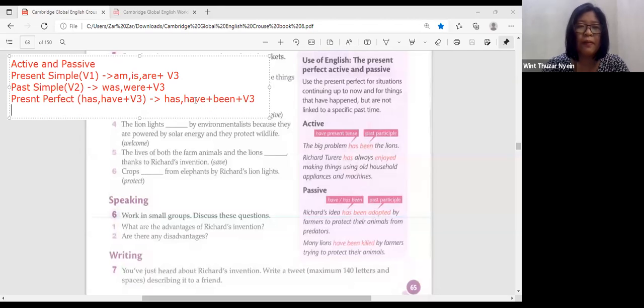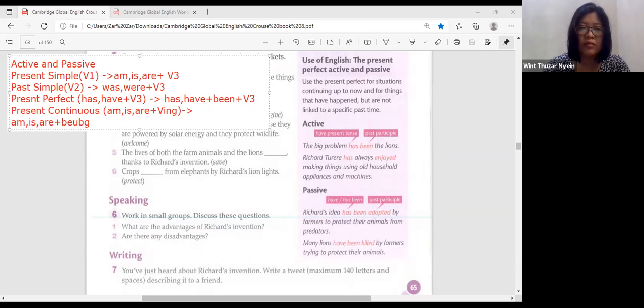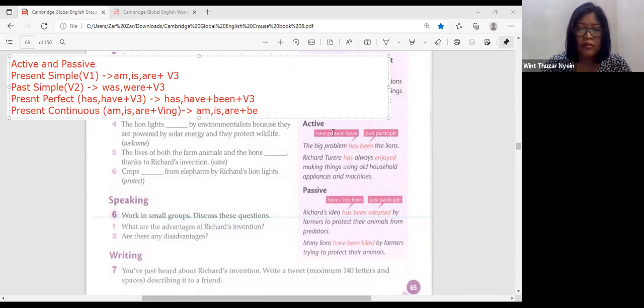If we see present continuous, which is am, is, are, plus verb ing, we have to change the passive form into am, is, are, plus being, plus verb 3. Do you remember?